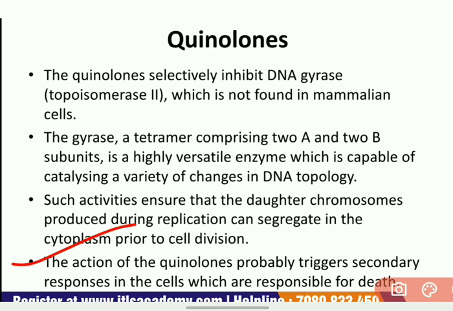The next point is that the action of the quinolones probably triggers secondary responses in the cells which are responsible for death. One notable morphological effect of quinolone treatment of a gram-negative rod-shaped organism is the formation of filaments.